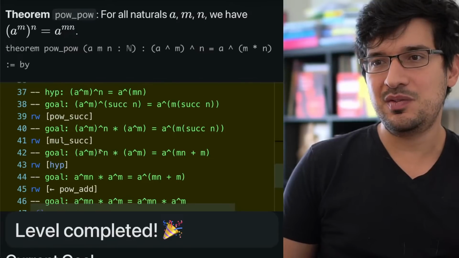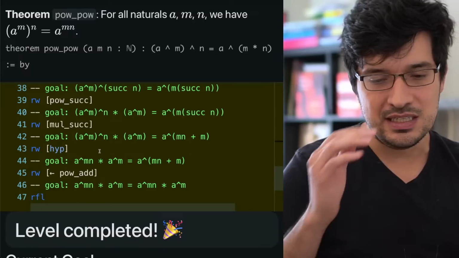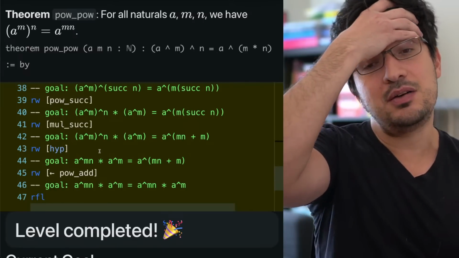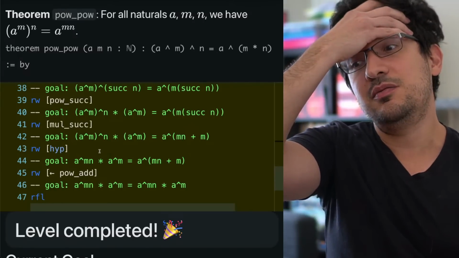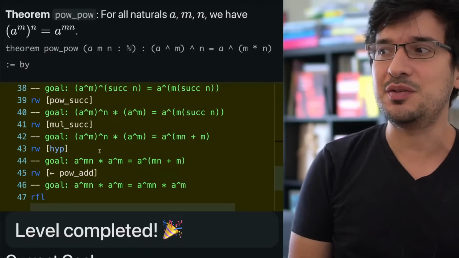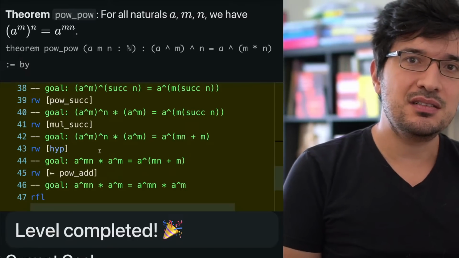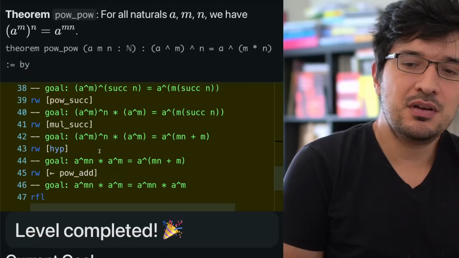But what we lose potentially in aesthetics and readability, we gain an infinite amount of value by the fact that the computer can actually run this proof and tell you that it's correct. We don't have that right now in white papers.